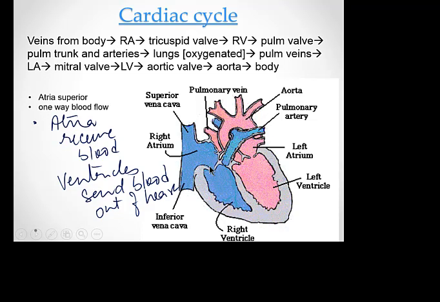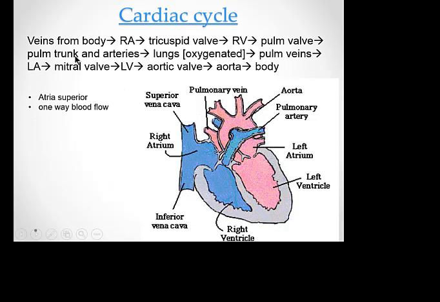So atria receive blood from the body or another part, the lungs. They receive blood, then they send it to the ventricles, and then the ventricles send it out of the heart. Okay? So blood enters the heart into atria and leaves the heart via the ventricles.